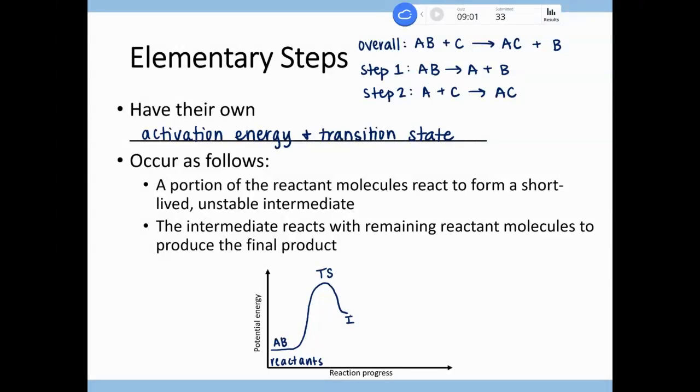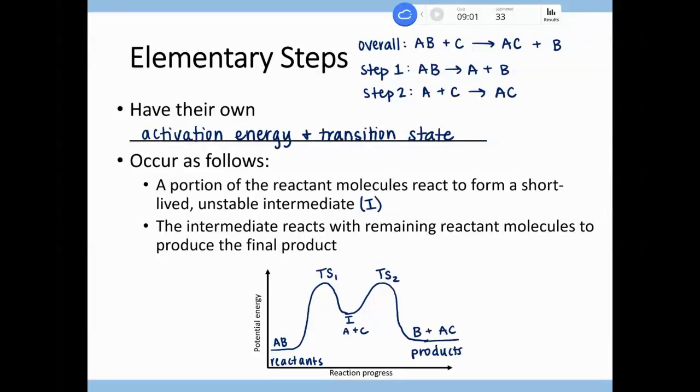This intermediate, I'm abbreviating as I, is that reactant A. Higher energy than the reactants. It's unstable, meaning it's higher energy. Short-lived, because it's going to react as soon as it's formed with that last reagent, C. So then we've got another transition state, another reaction step. Transition state 2, and then finally B and AC are formed as the products.